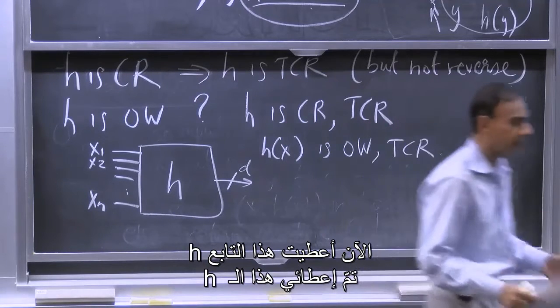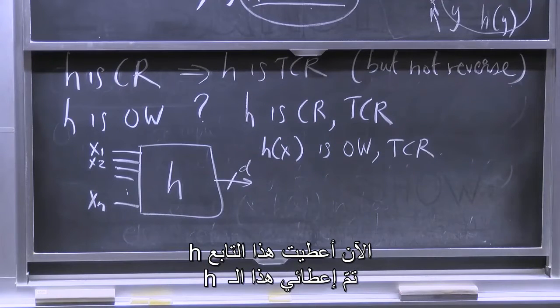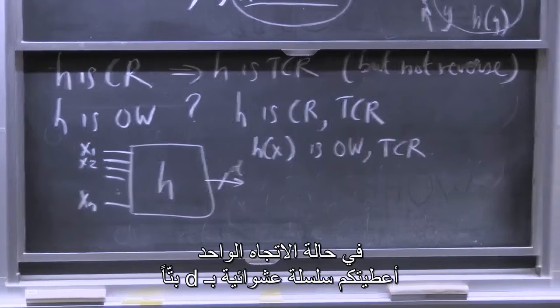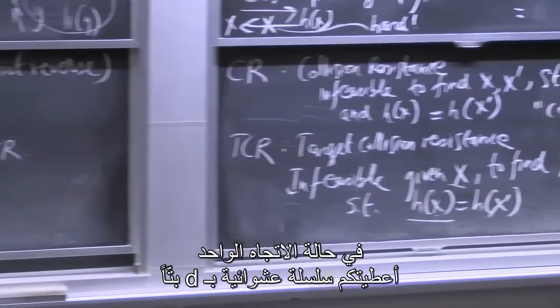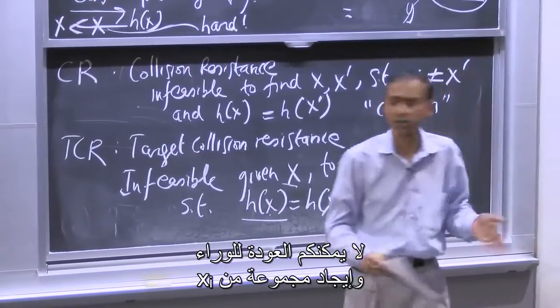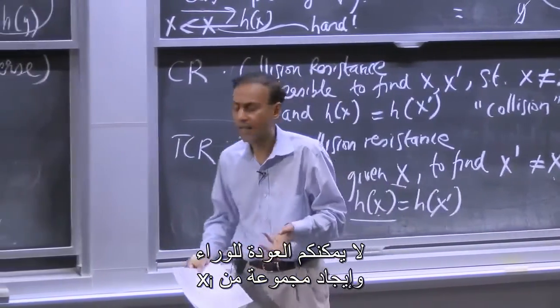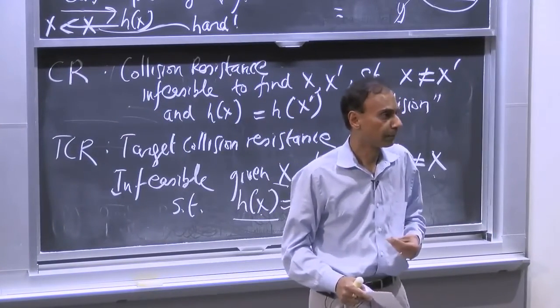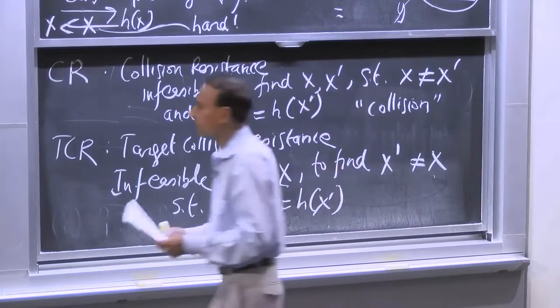Now, I've been given this h, which is one-way and TCR. In the case of one-way, I give you an arbitrary d-bit string. You can't go backwards and find a bunch of the xi's that produce exactly that d-bit string, all right? So it's going to be hard to get here.